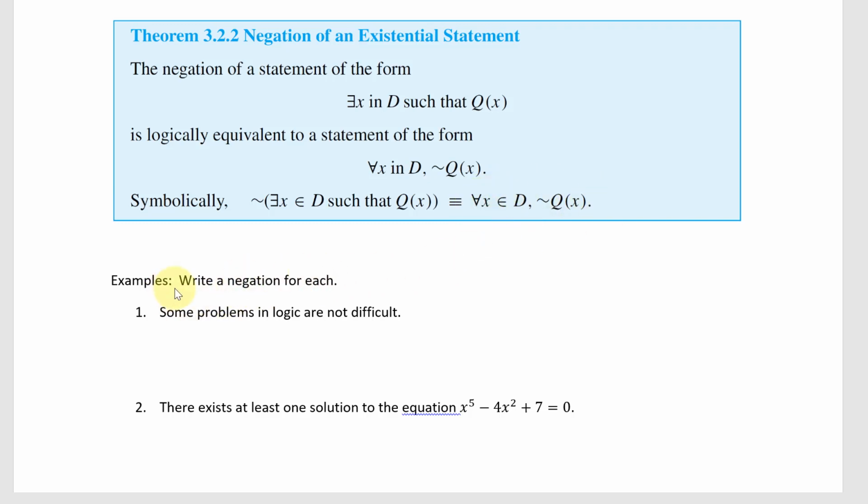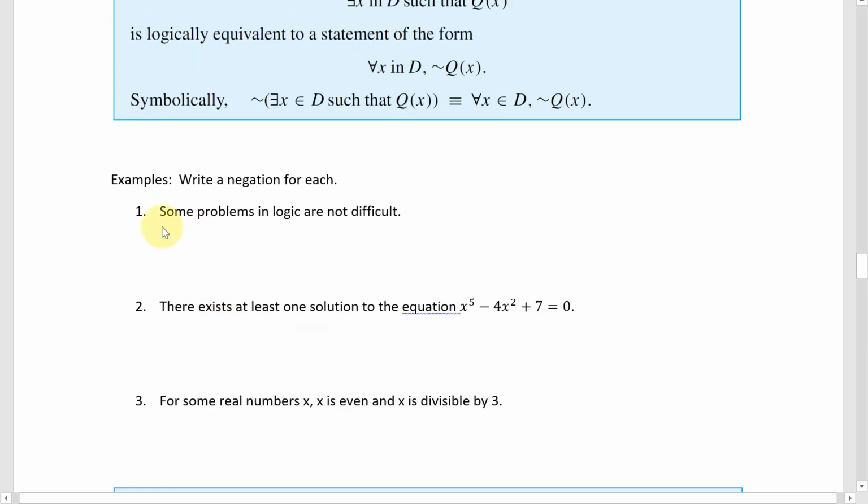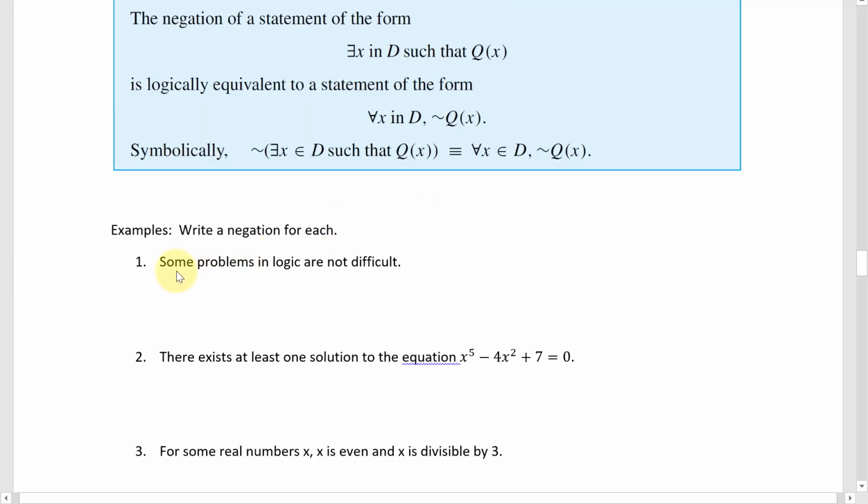Let's take some examples. Write negations for each. So we could begin with number 1, some problems in logic are not difficult. So this is like saying there exists a problem in logic that is not difficult, and we want to negate that. So really, we'd have to say that all logic problems are difficult, because here is the negation of that.